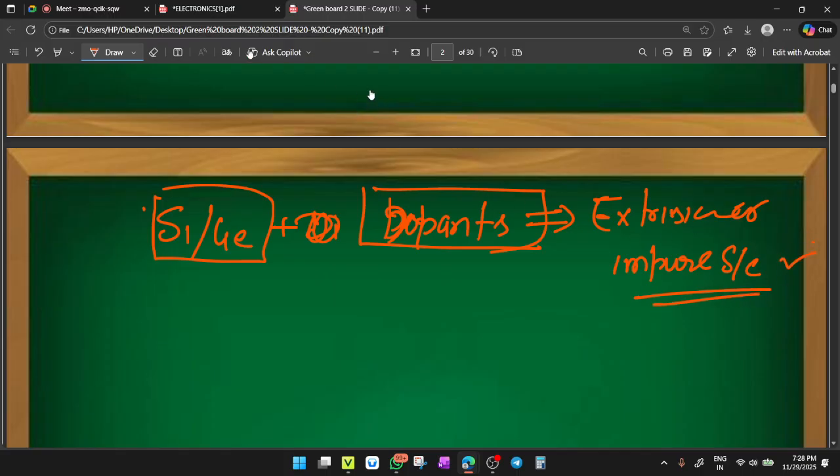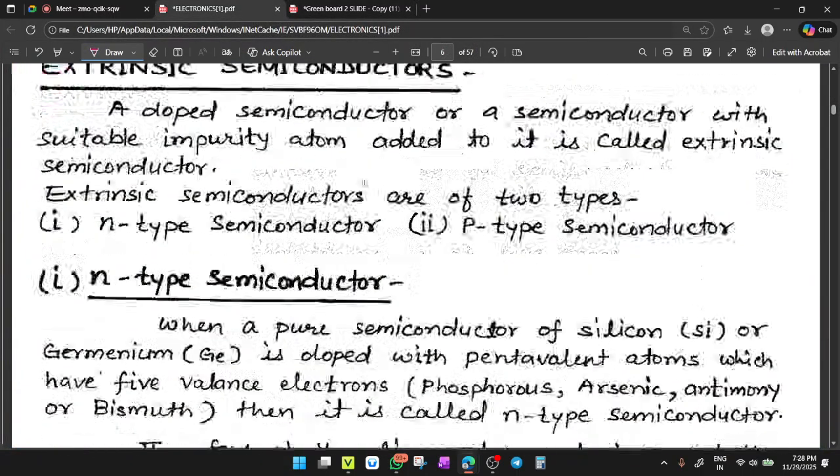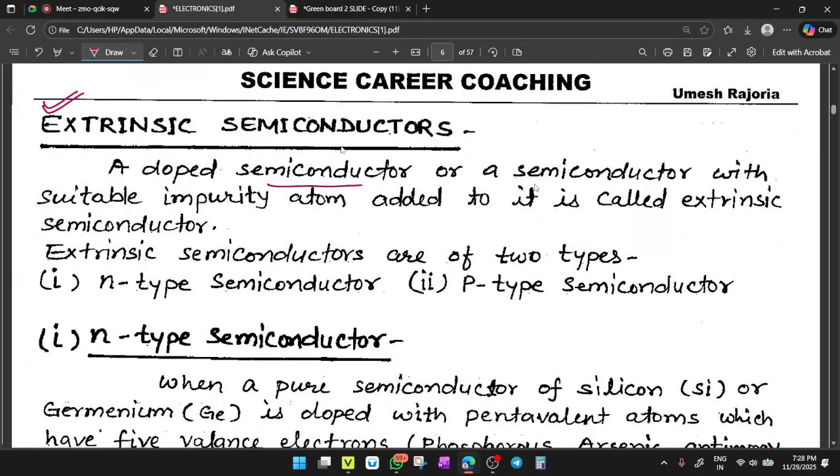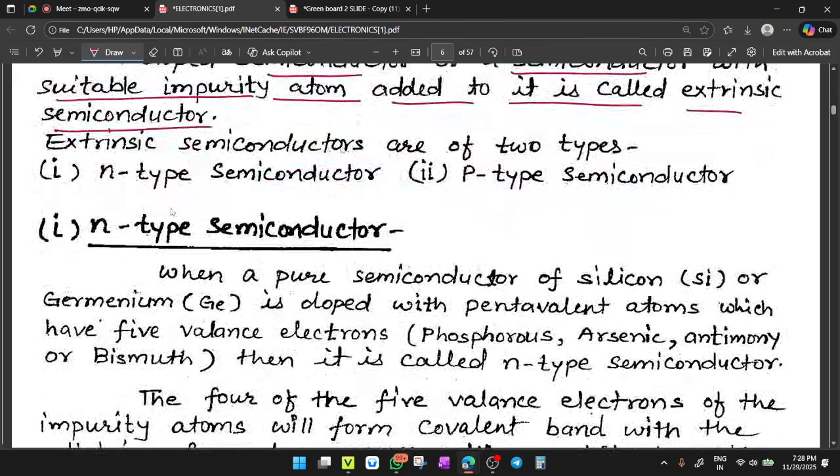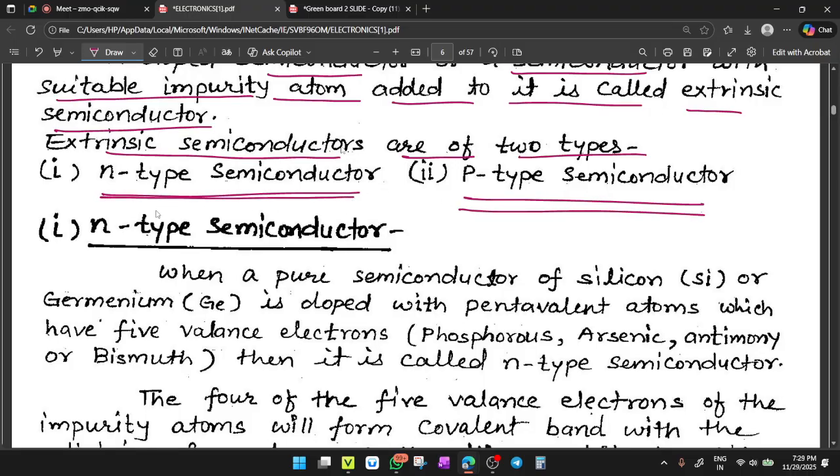Got it? Extrinsic or impure semiconductor. So a doped semiconductor, or a semiconductor with suitable impurity atoms added to it, is called an extrinsic semiconductor. Extrinsic semiconductors are of two types. First is called N-type semiconductor and second is called P-type semiconductor.